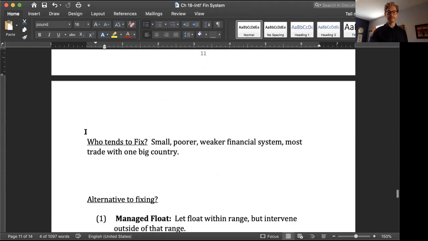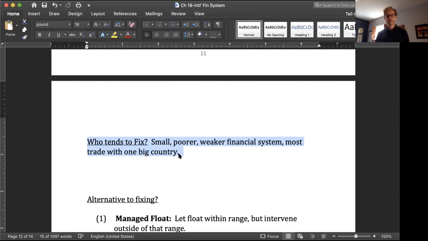Who tends to fix? Smaller, poorer countries, those that have weaker financial systems, or those that trade a lot with one country. So, for instance, the Bahamas fixes to the US dollar. That makes perfect sense, right? Their entire economy is tied to the US. There's very little value to them of having an independent monetary policy.